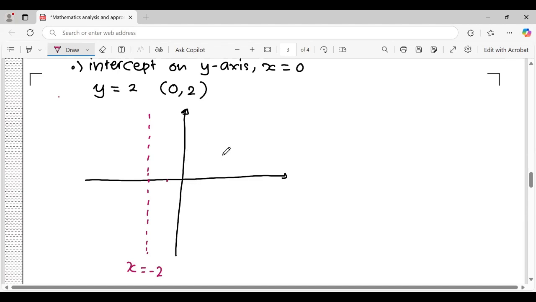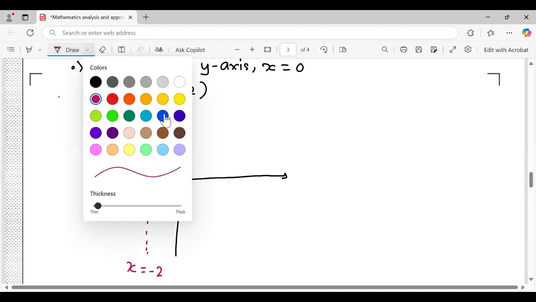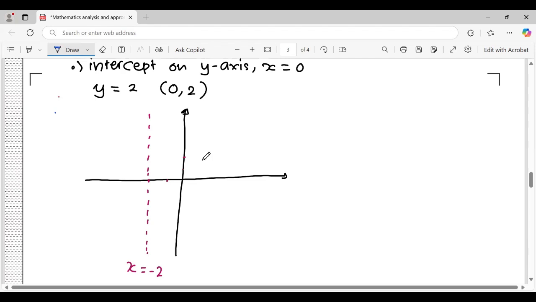And next, the second asymptote, y equals 2x plus 2. This is 0, 2. I will use a different color. Okay, this is 0, 2, and then minus 1, 0 here.